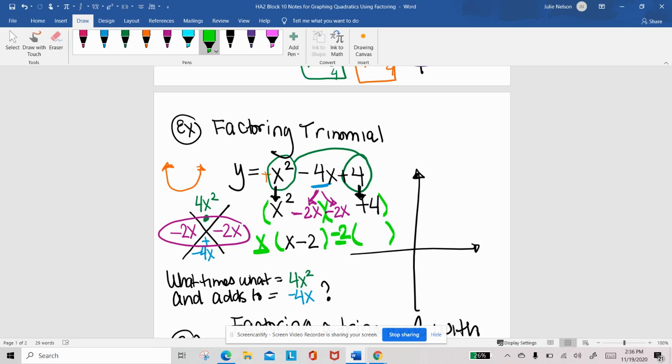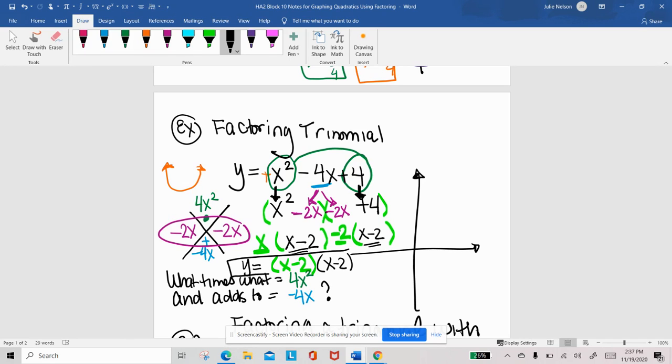They both divide by negative 2. And they're left with x minus 2. Now, these parentheses, what they have in common should be the same. If they're not the same, you did something wrong. So outside, I have an x minus 2. And what they have in common that was left in the parentheses is x minus 2. Do you notice how both of those are the same?